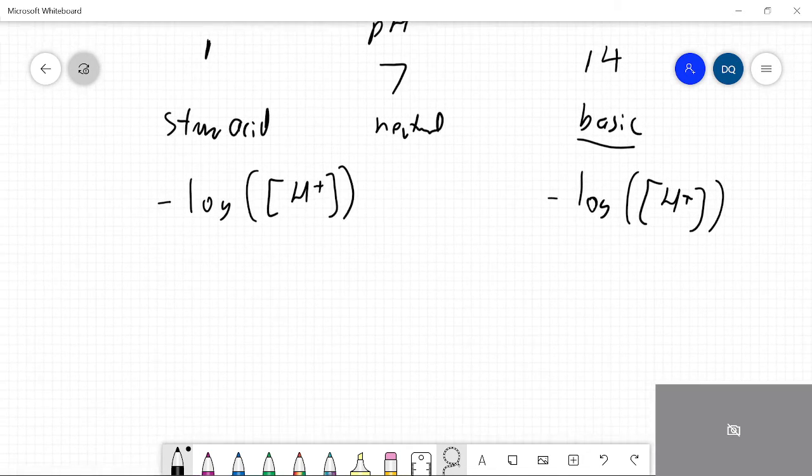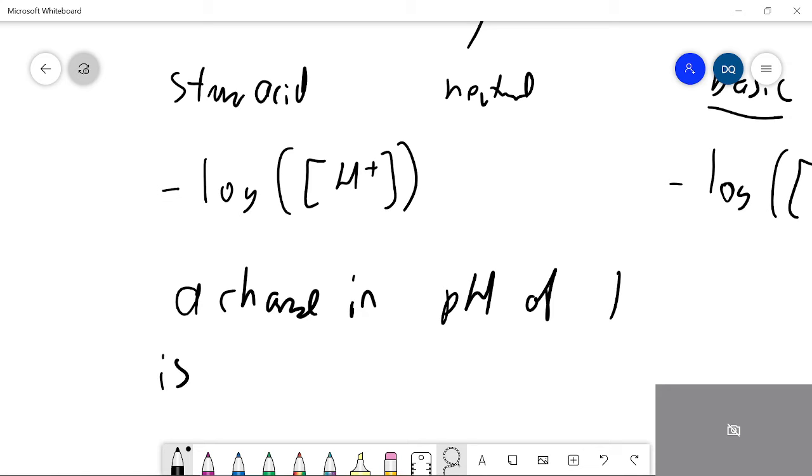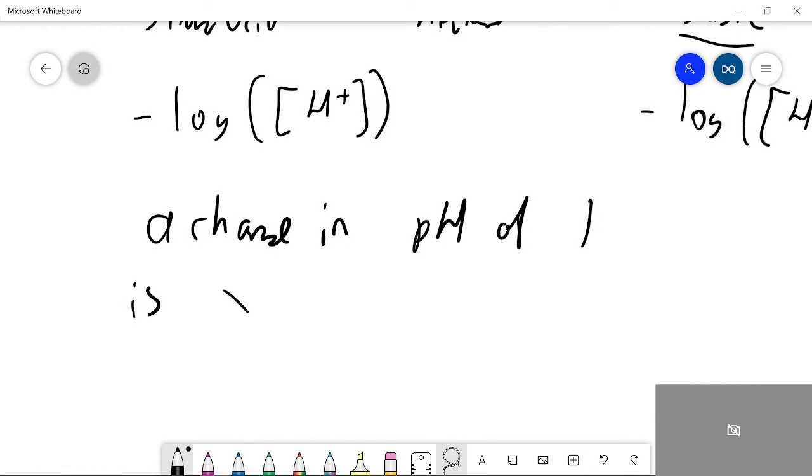Because you're taking a log, a change in a pH of 1 is a 10-fold increase.